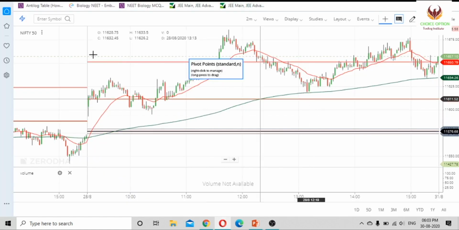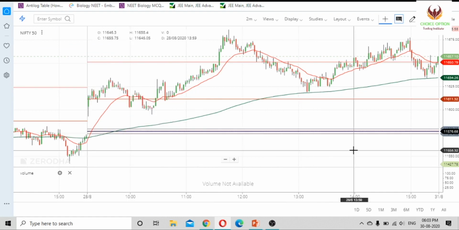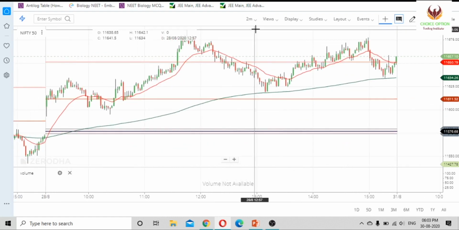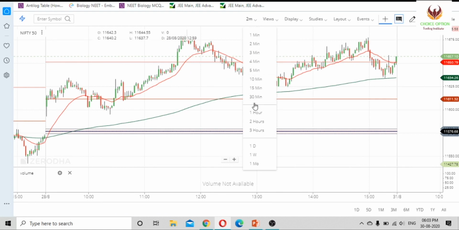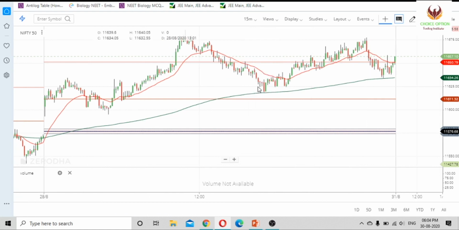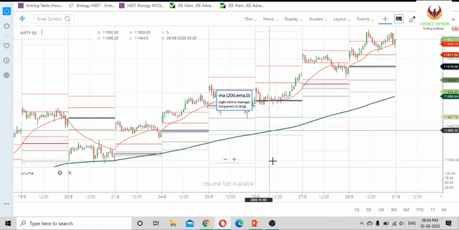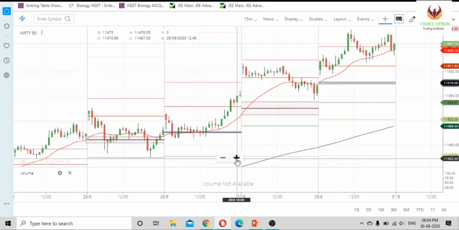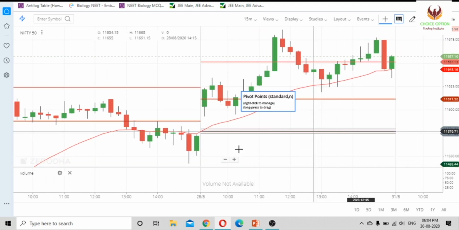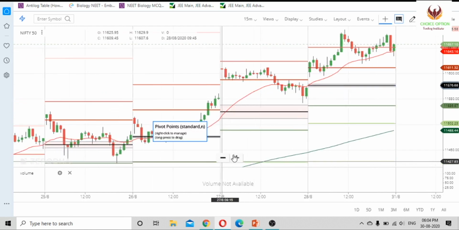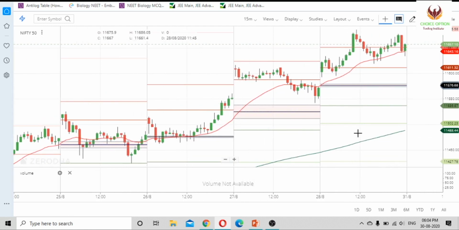So I would just take you to a Nifty chart. This is the Nifty chart, if you can see. Whenever you go for a daily analysis, you should check for consolidations. I will just mark it for you.